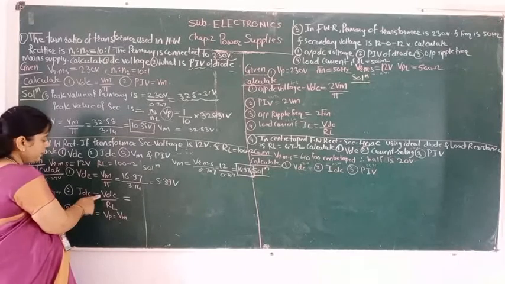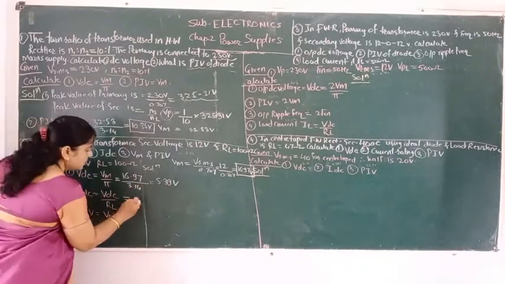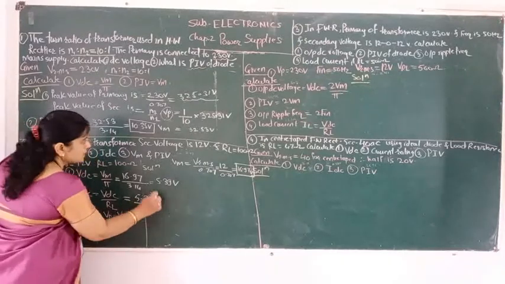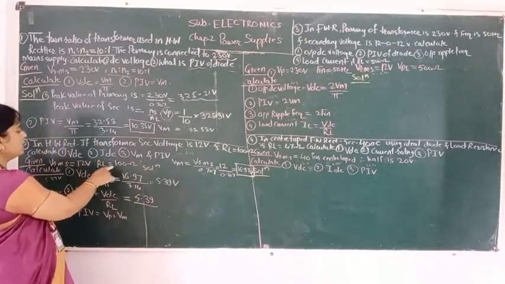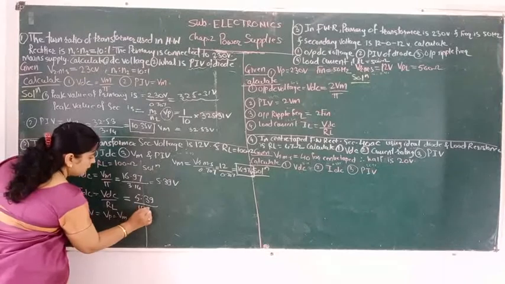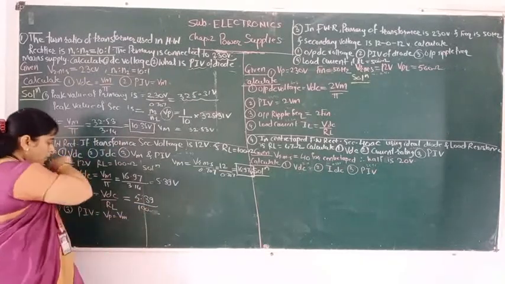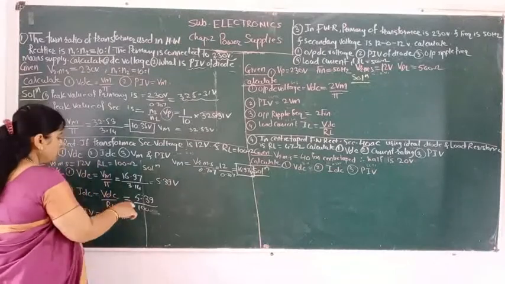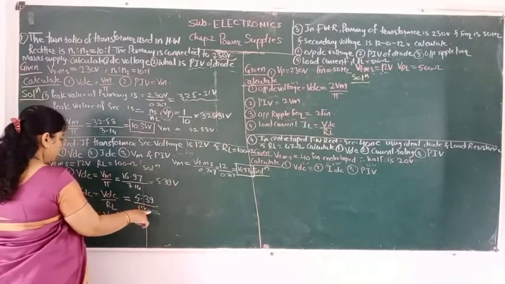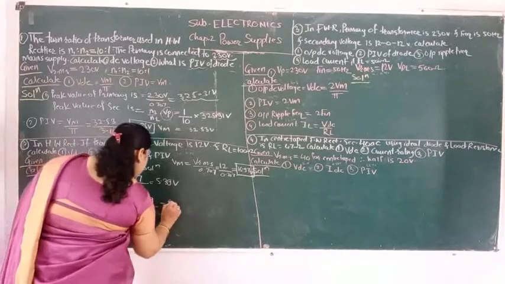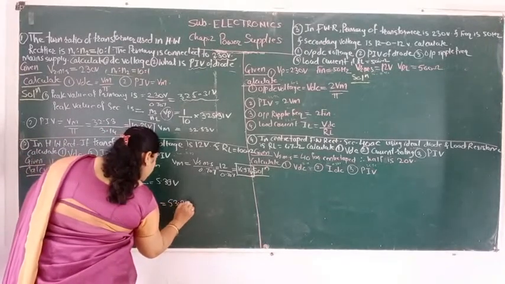So what is the VDC? We get it here, 5.39, and RL is given. The RL is 100 ohm. So how much is the value? 5.39 into 100 divided by 100 is equal to 53.9 milliampere.